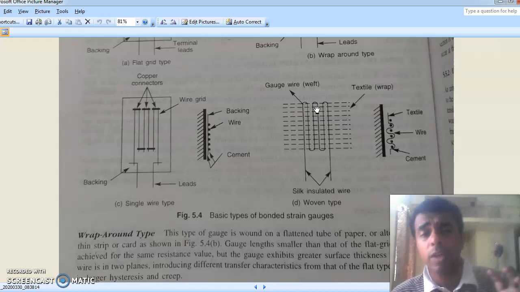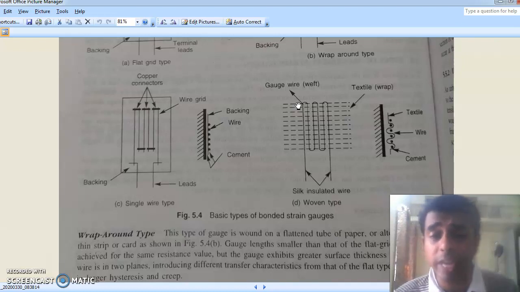This whole setup can be wrapped around a leather belt or some leather straps, so that you can know the strain on a leather belt or a strap. This one is mainly for measuring large strains, especially in leather materials. So this is all about the different types of bonded strain gauges.